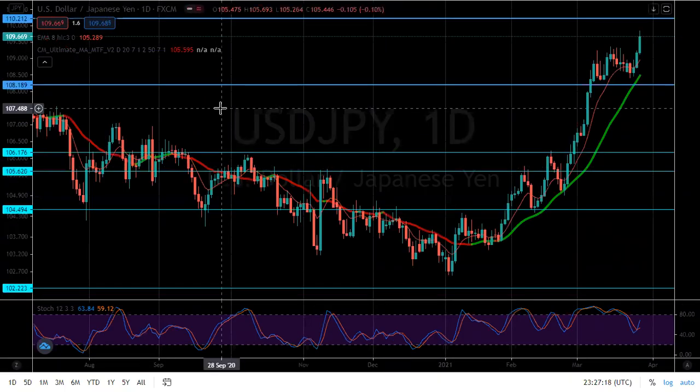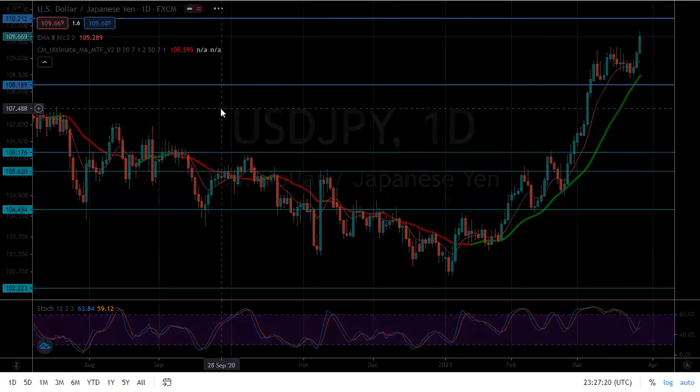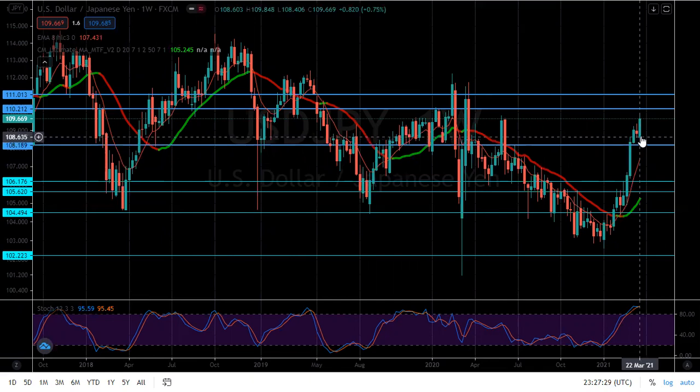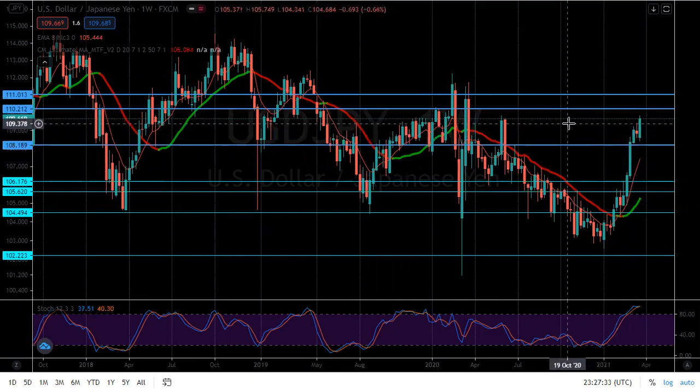For this pair, let's look at the weekly time frame. Wow, this pair, I said we're looking forward to seeing price do a bit of retracement and go to the upside. And yes, we are right at my level.